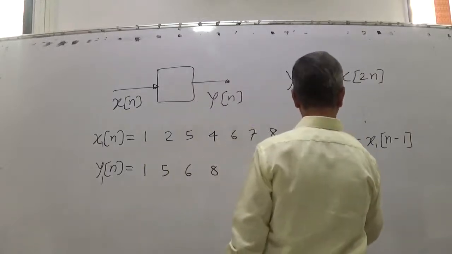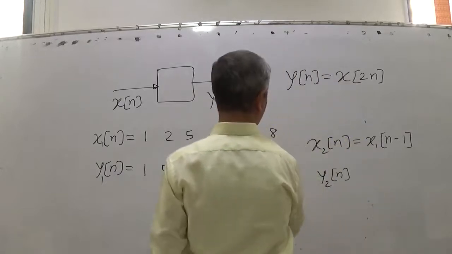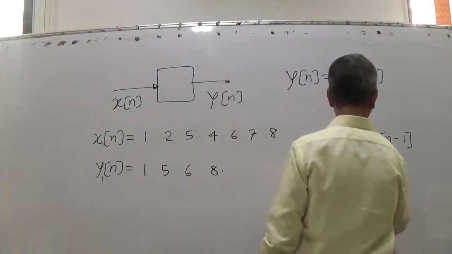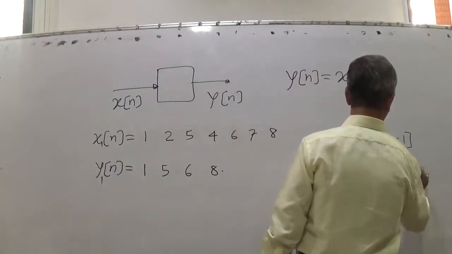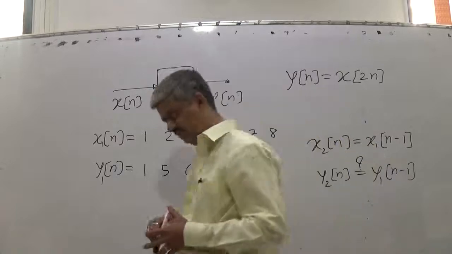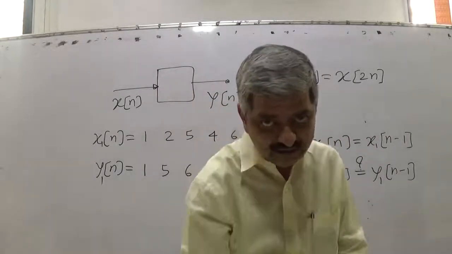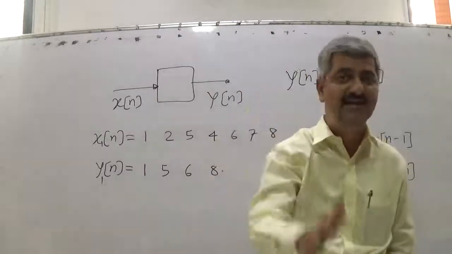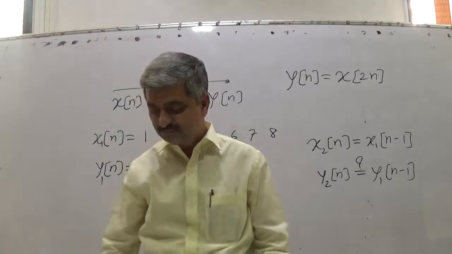Compute y2[n], y1[n] is here, and try to establish whether y2[n] is equal to y1[n-1]. If it happens, it is shift invariant. In this case, I give it as homework. It doesn't happen, so it is a time variant system.